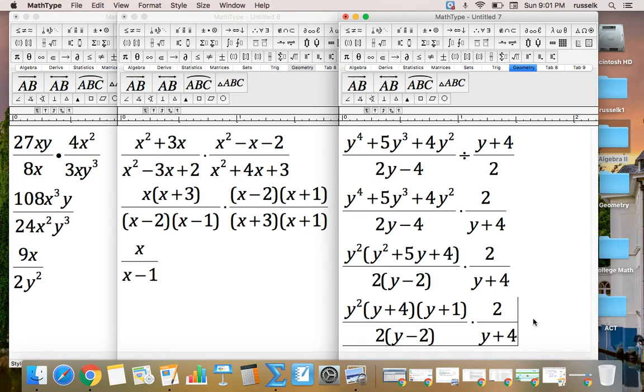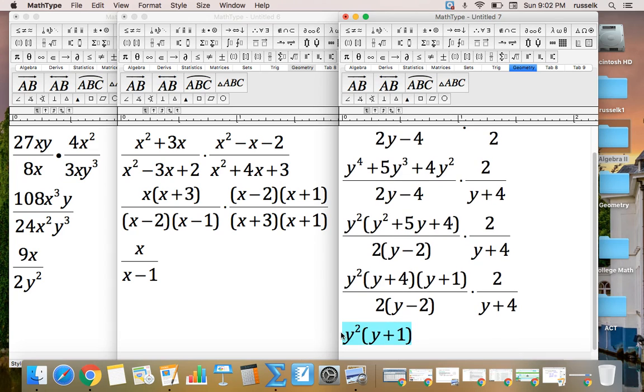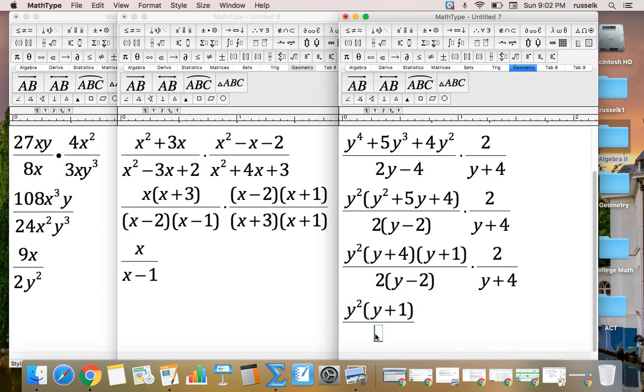Now that we've factored, we can go ahead and start canceling. There's a y plus 4 on the top, a y plus 4 on the bottom, 2 on the bottom, 2 on the top. So that would leave me with y squared times y plus 1 on the top. And then y minus 2 on the bottom.